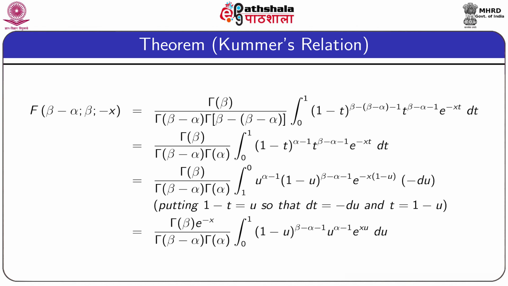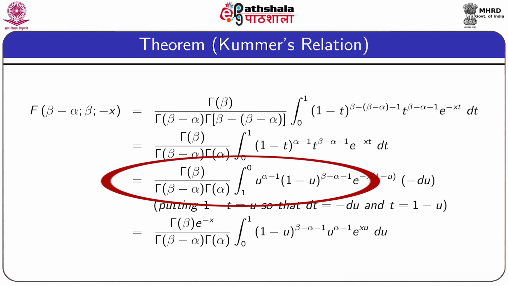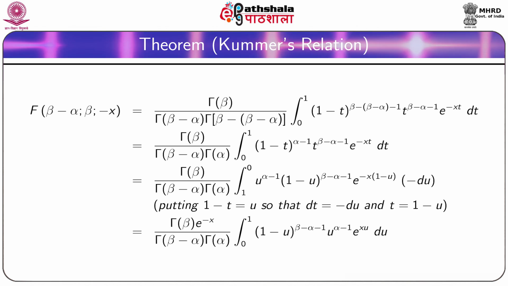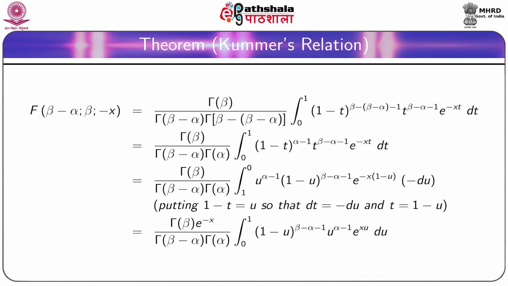We substitute 1 minus t equal to u, and we get the required expression as gamma beta divided by gamma of beta minus alpha gamma alpha, integral from 1 to 0 of u to the power alpha minus 1, (1 minus u) to the power beta minus alpha minus 1, e to the power minus x (1 minus u), minus du.